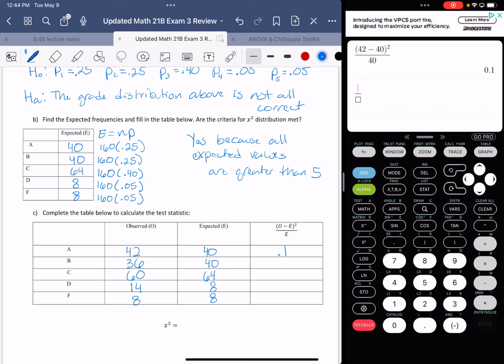Next, for the B's, you have 36 minus 40 quantity squared, all divided by 40. You should get 0.4. Everyone okay here? Okay. Let's do it for the C's, which is 60 minus 64 quantity squared divided by 64, which is 0.25.